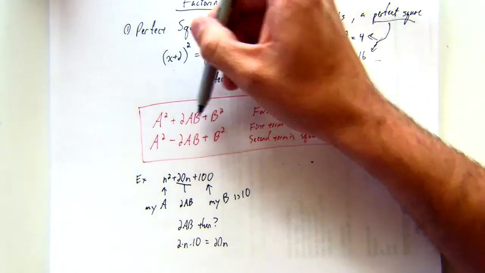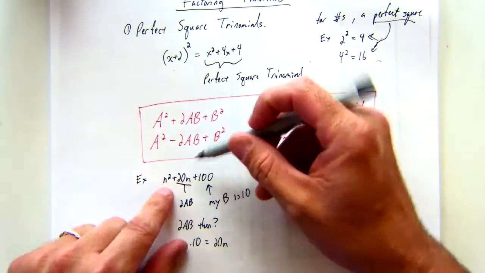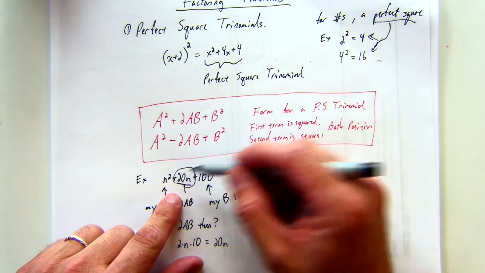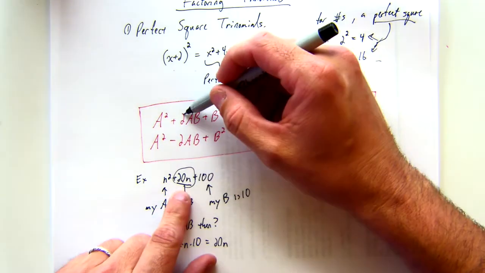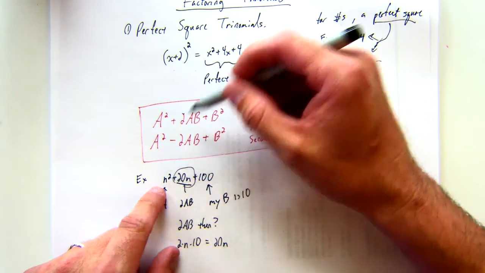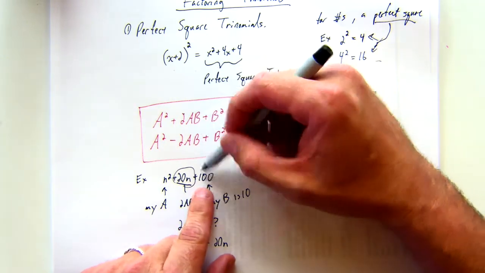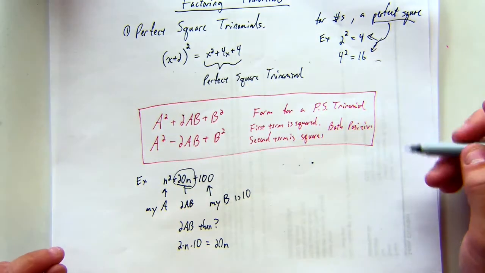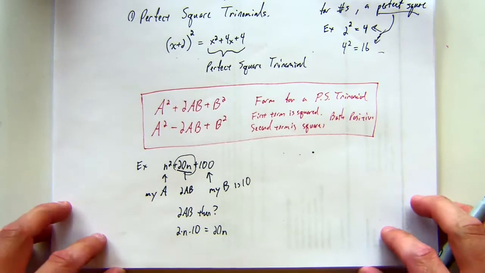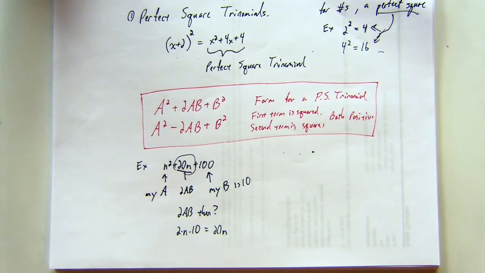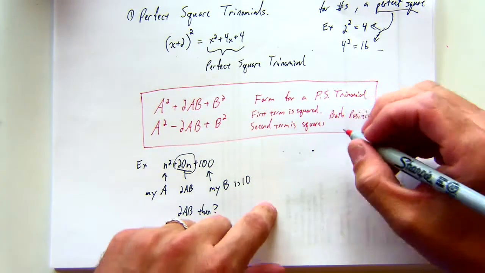I'm matching these things up, and then I'm asking myself, is the thing in the middle of the form 2 times whatever this is times whatever this is? So this is a perfect square trinomial. And it will factor to, so I'll give you another formula.